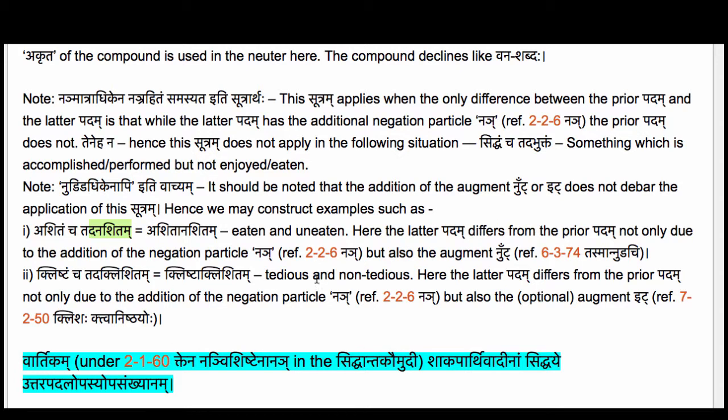At this point, 6-3-74 applies to attach the augment nut at the beginning of ashita. So we now get a nut ashita equals anashita. So this uttarapadam anashita differs from the purvapadam ashita not only by the fact that it contains the negation particle nyai, but also by the fact that it contains the augment nut.